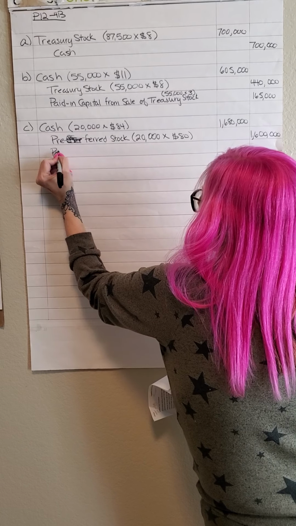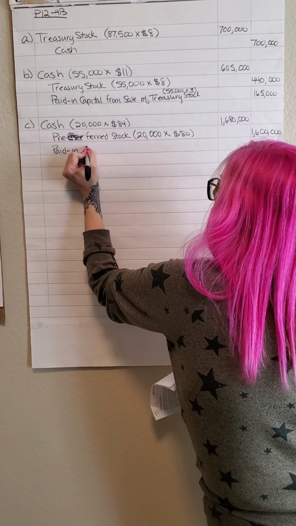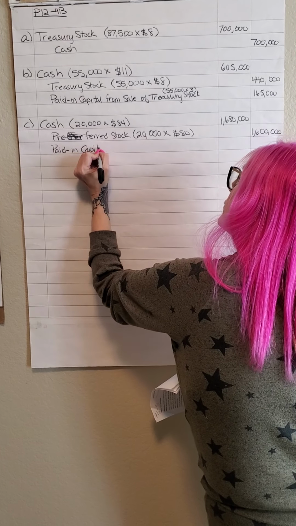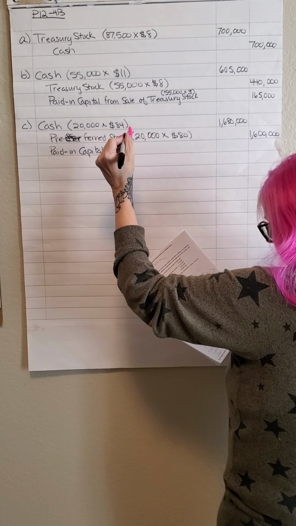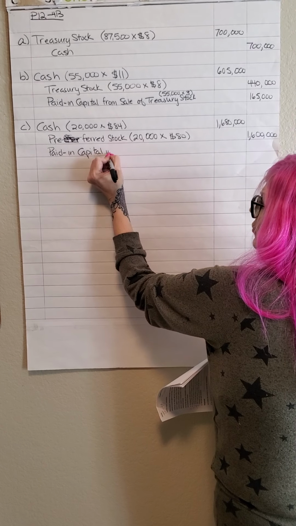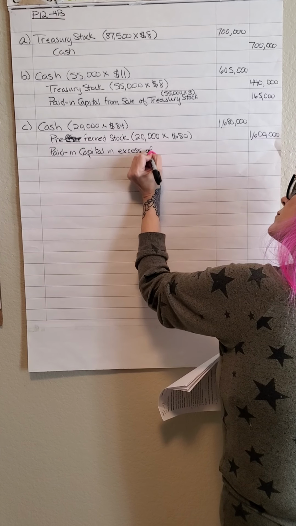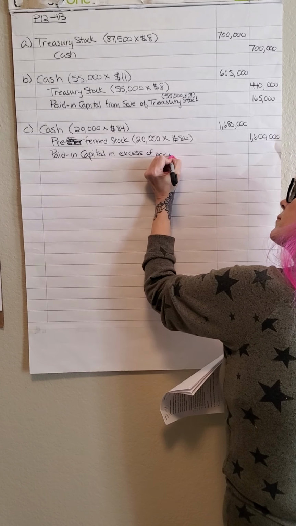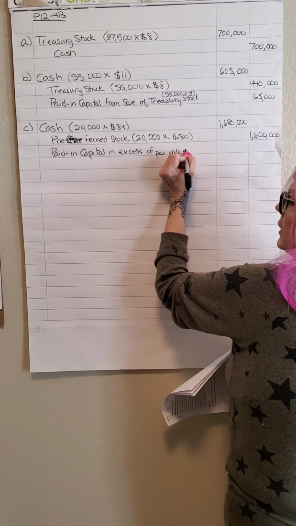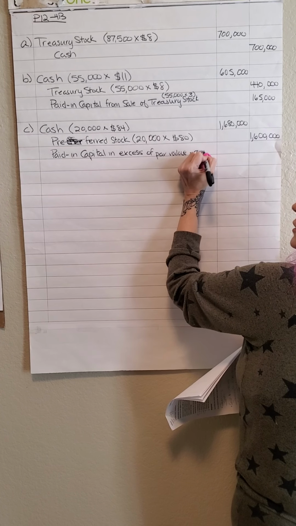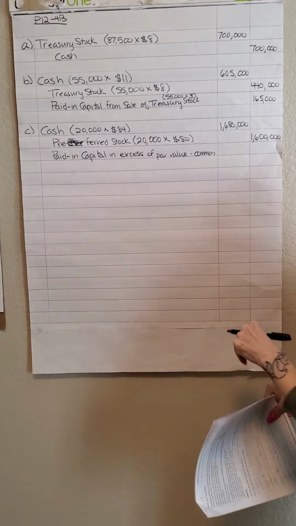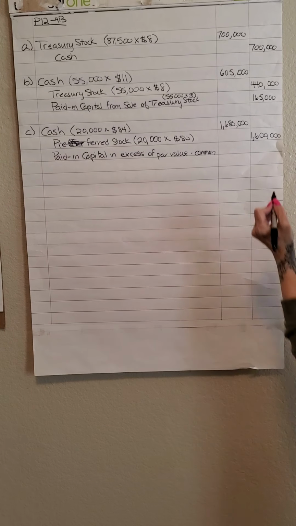So paid in capital in excess of par value. And we're going to indicate that it's for common stock. Right? And that amount, it's easy enough to do here.